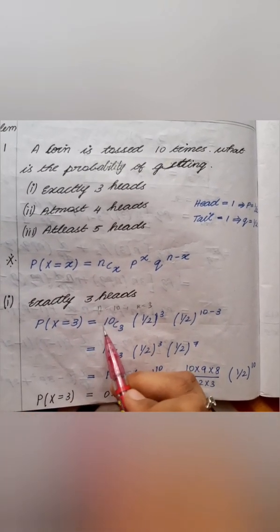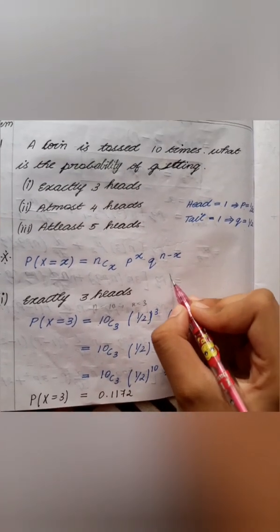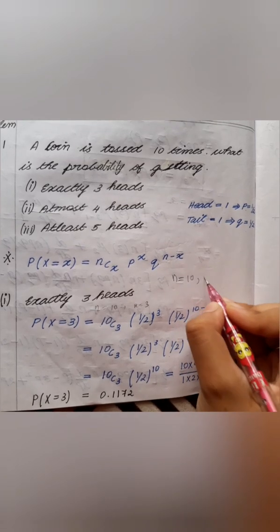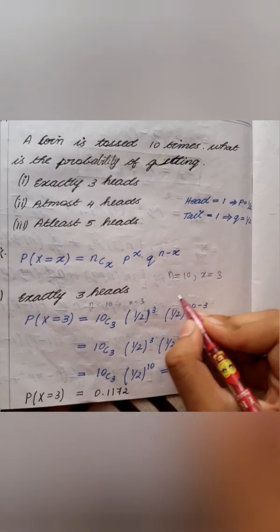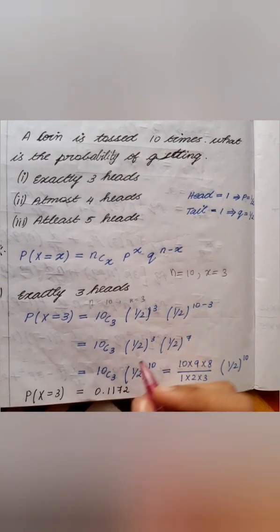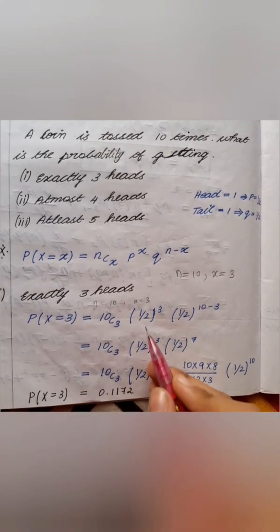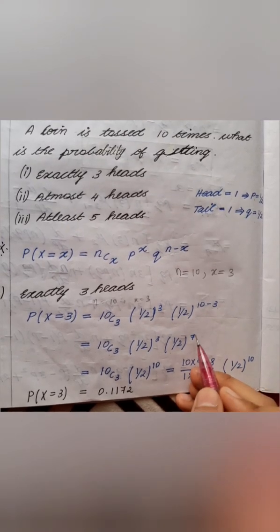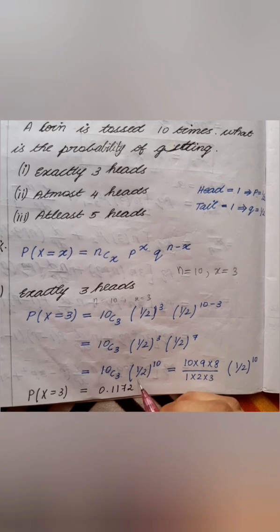So we have substituted, and n becomes 10 because they have given 10 times. A coin is tossed 10 times, so n becomes 10 and here we are substituting x is equal to 3. After substituting we will get 10C3 and (1/2)^3, whereas p and q are 1/2, and 10 minus 3 becomes 7.